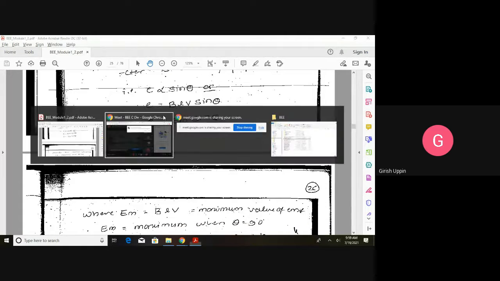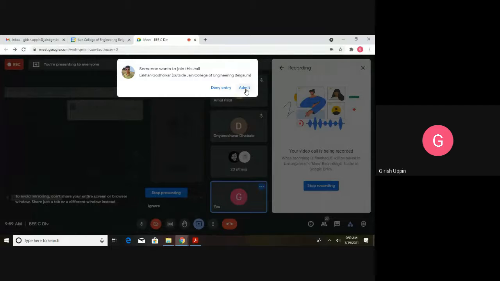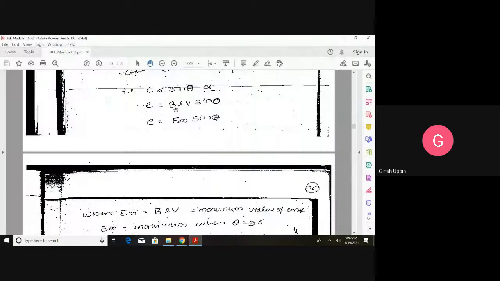B is the flux density, in Weber per meter square, and L is the length of that particular conductor or the coil, and V is the linear velocity with which we are rotating the conductor. Omega is the angular velocity.